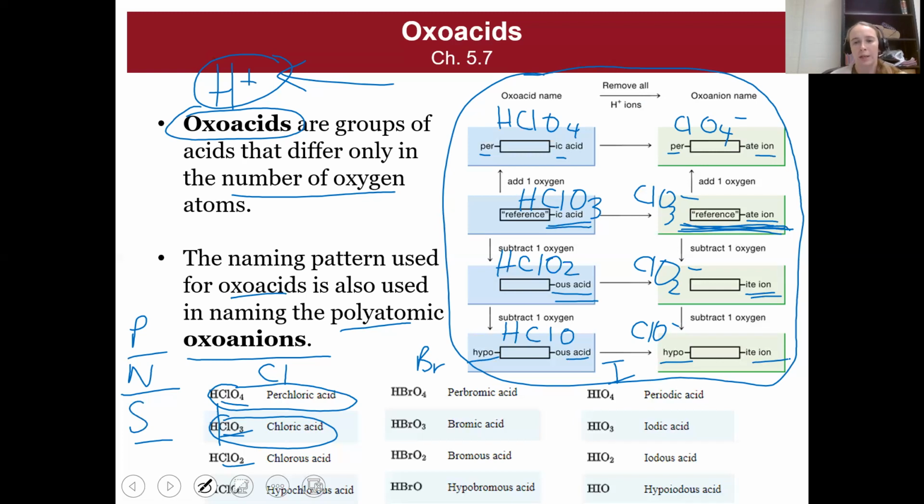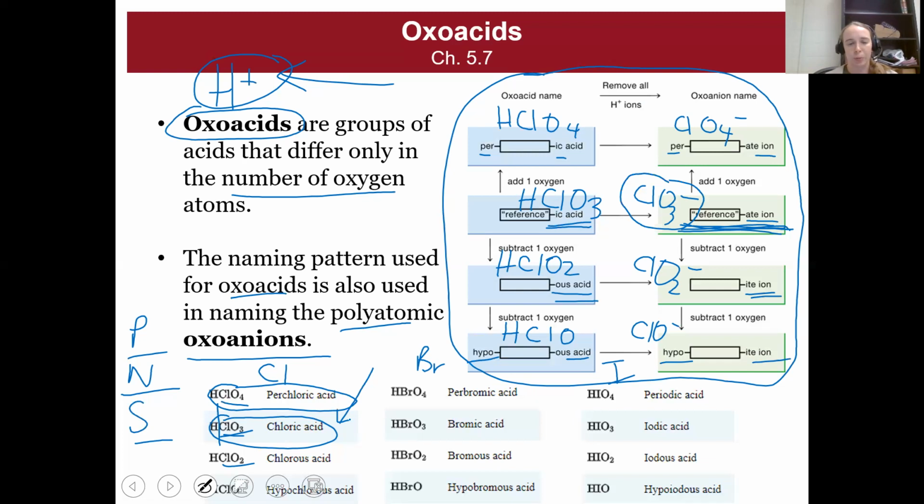So that is how you use this little graphic if you want to remember how to name oxoacids or oxoanions. So say all you remember is that this is the chlorate ion. You don't need to remember that it's called chloric acid if you remember how this chart works, I guess.